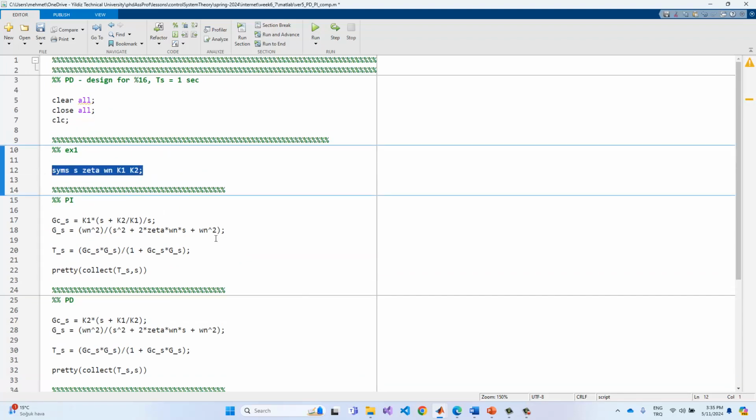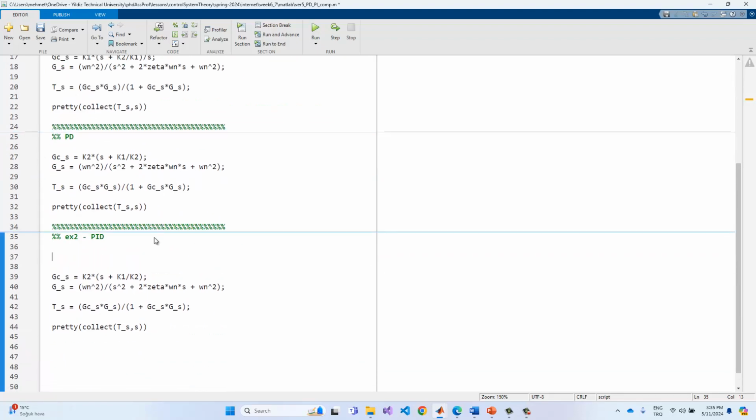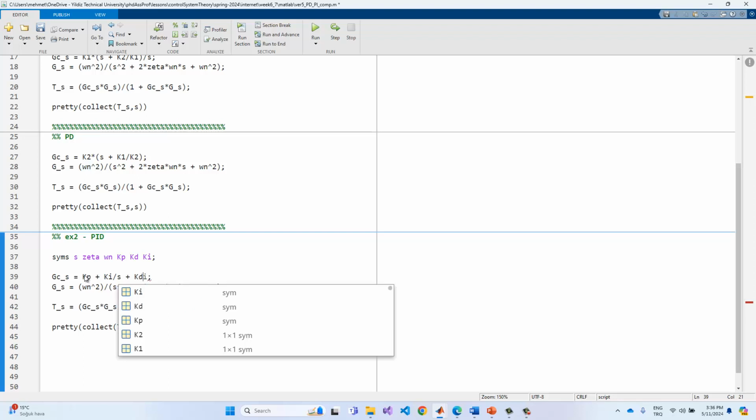For the PID controller, we can define the gains as KP, KD, and KI, okay? And so G_c(s) is the same as the previous one, but in this case KP plus KI divided by s plus KD times s.